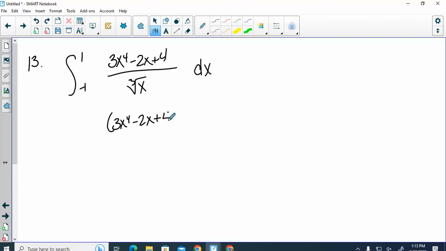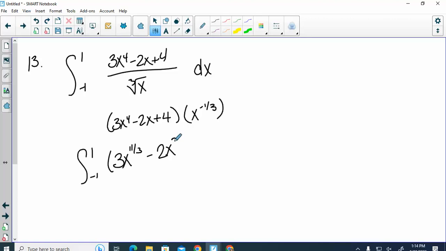Right, you have to get rid of any quotients or products before you do your antiderivative. So to bring that up, it's a -1/3. So if you multiply that through, you get 3x, so 4 plus -1/3 is 11/3. Minus 2x, 1 plus -1/3 is 2/3. Plus 4x to the -1/3. And then can you work it from here? Yeah. Okay, so then work your problem from there. Do your antiderivative.